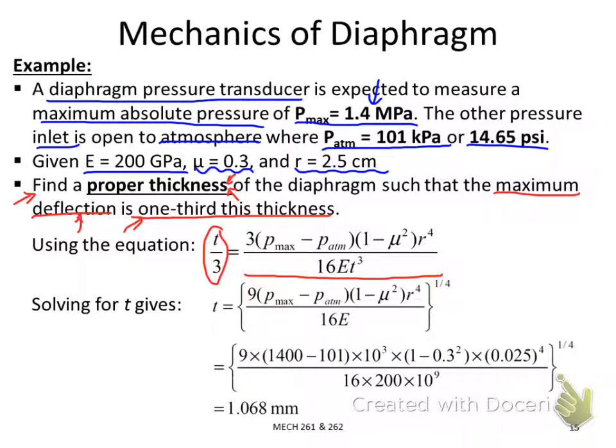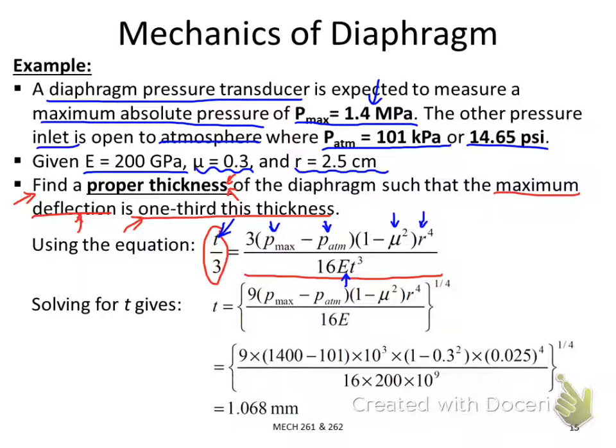So if we make this equation, we can actually solve for the value of t here, because t can be regarded as an unknown, and all other values we already know, because we know P maximum, we know the atmosphere pressure, we know the Poisson's ratio, and we know the radius and Young's modulus.